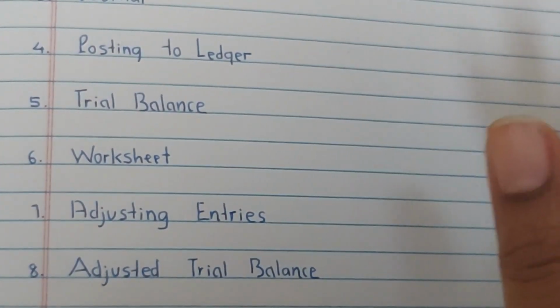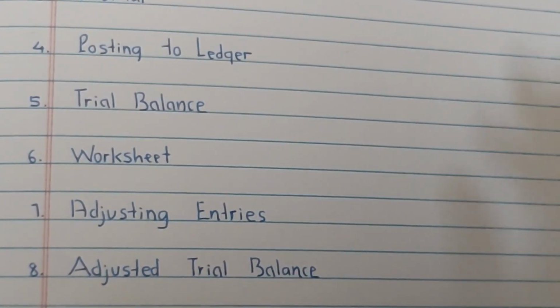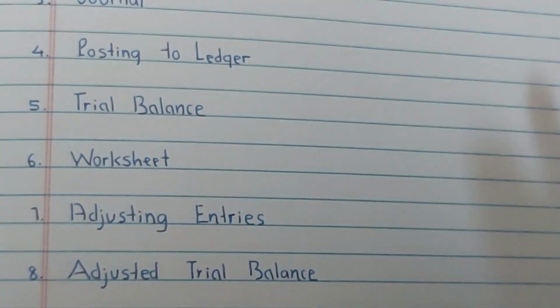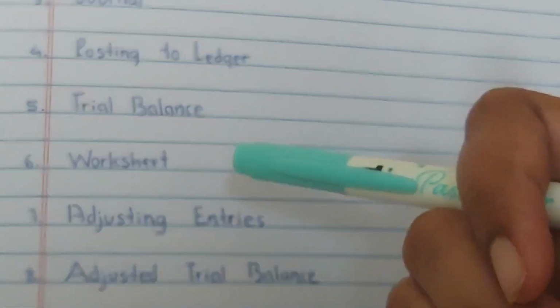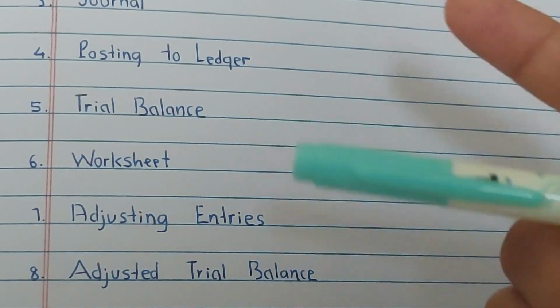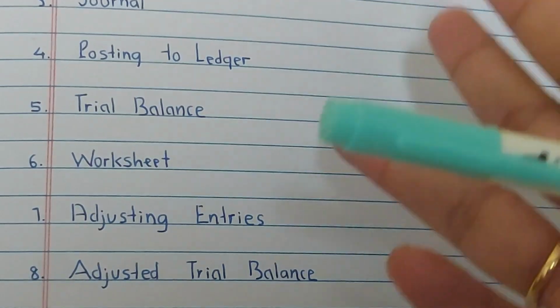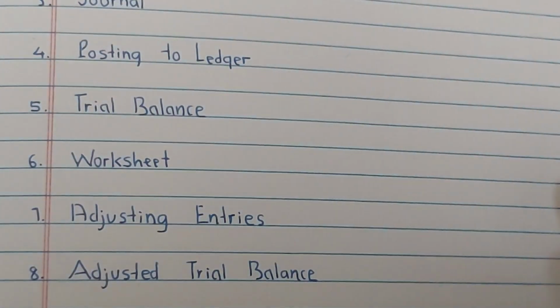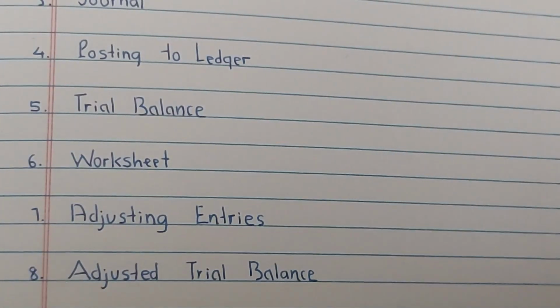Before preparing a financial report, we have to pass all the adjusting entries, which are popularly known as prepaid expenses, outstanding expenses, accrued income and deferred income. And apart from this, many closing entries are there which we will learn later.